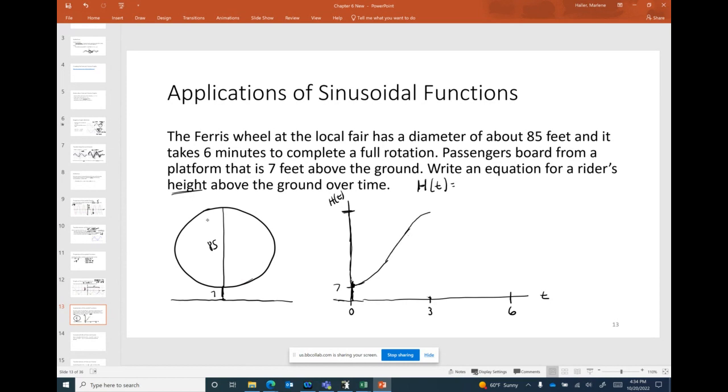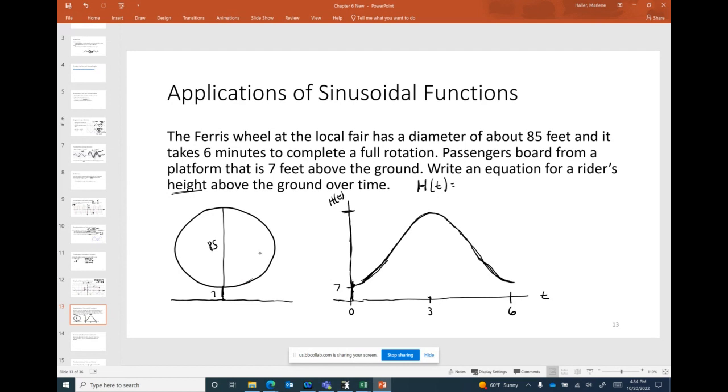At 3 minutes, it hits the maximum, and then look, it goes back down again. So for the rest of the time, it's going right back down till you're at the platform height again. Right? So there's what one time around the Ferris wheel looks like if we're graphing height above the ground.